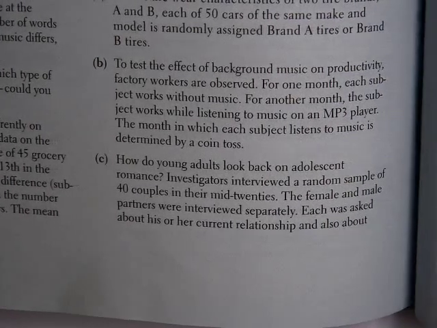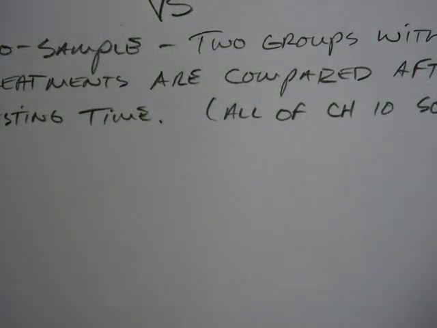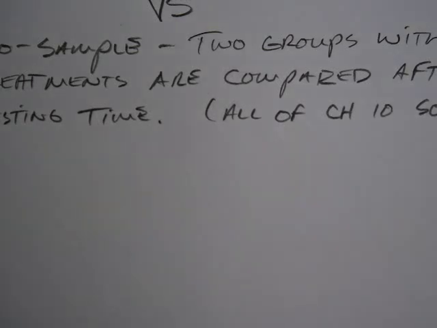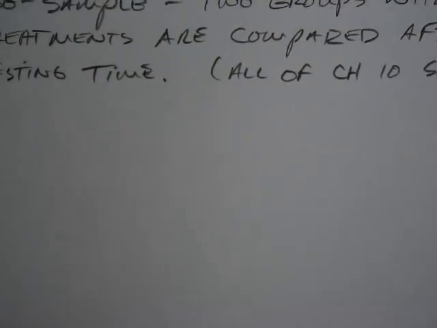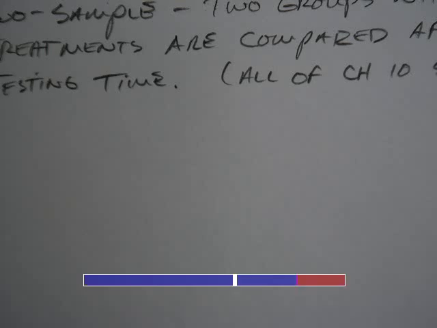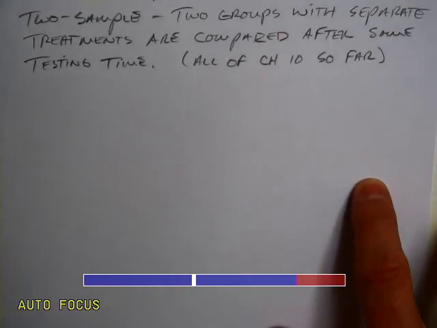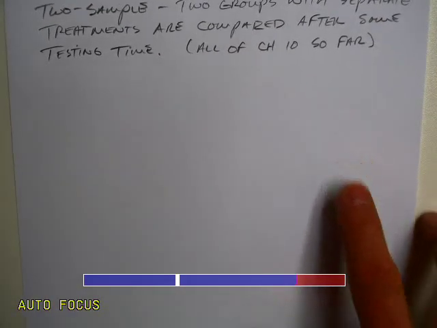So I would tend to wonder if maybe they misread that one, but go with your gut. Those of you taking the AP test, trust your gut on that stuff, right? Okay? Don't let a problem like that throw you off like it does me. To me, I would say two sample.